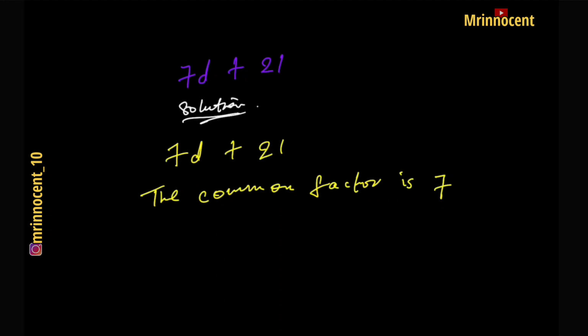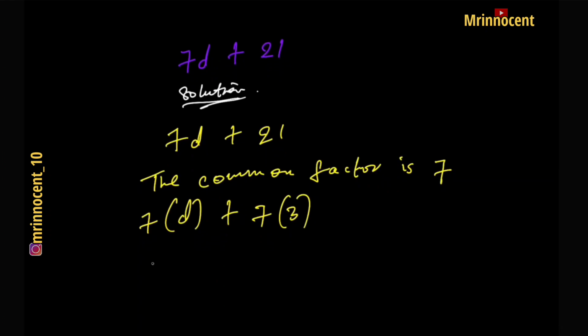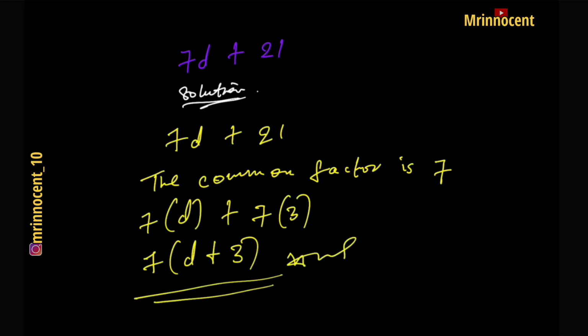So you have 7 into d plus 7 into 3. So we have 7 into d plus 3. Your answer.